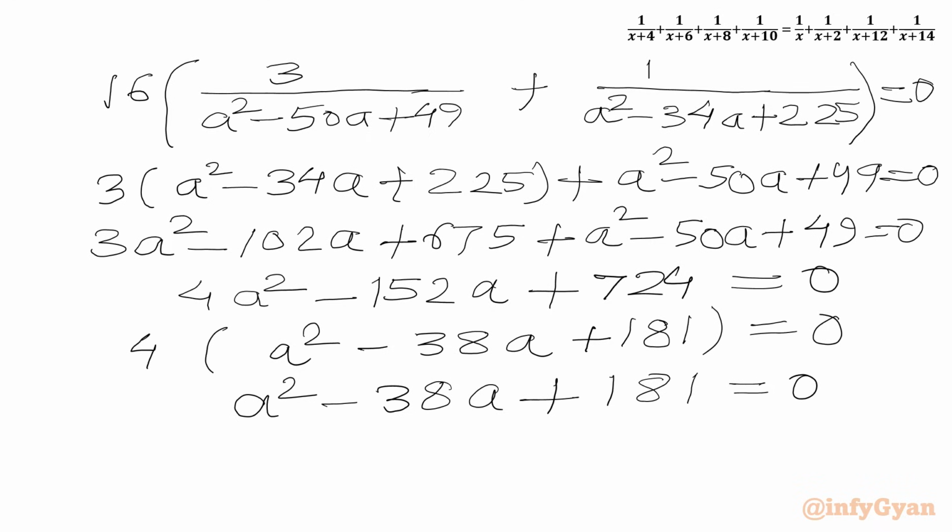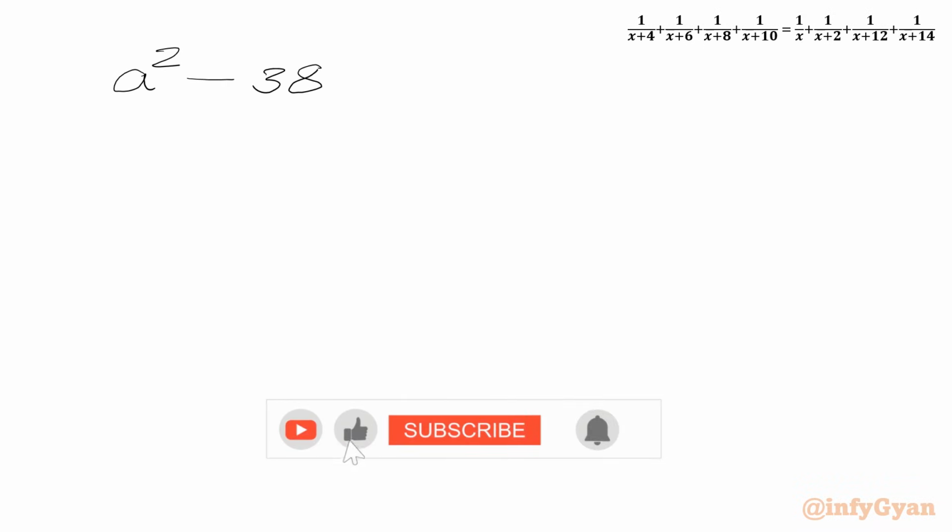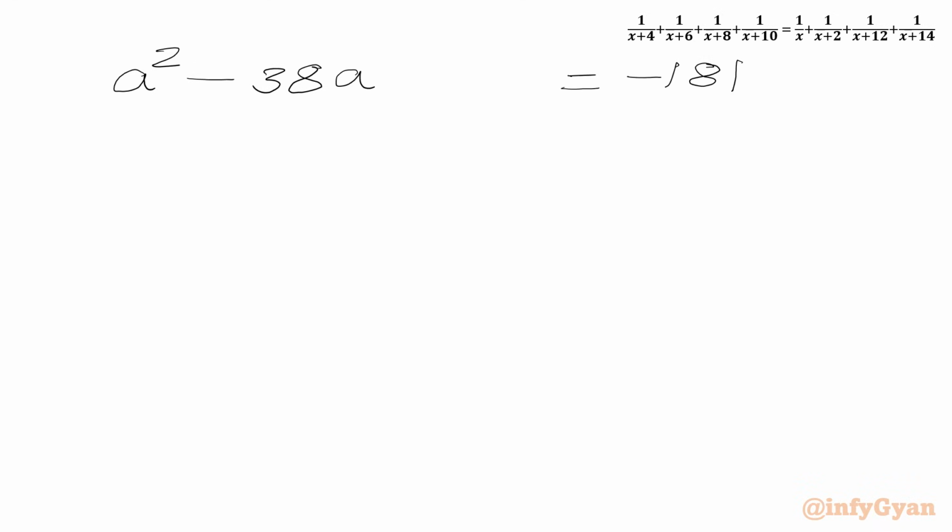Now we have to solve this quadratic equation. I will take 181 to the RHS for the completing the squares method. So I will write a square minus 38a in the left hand side and we'll write minus 181 in the RHS. Now coefficient of a is minus 38, half of that is minus 19, square of that is 361.